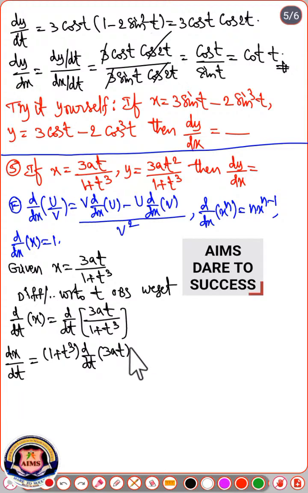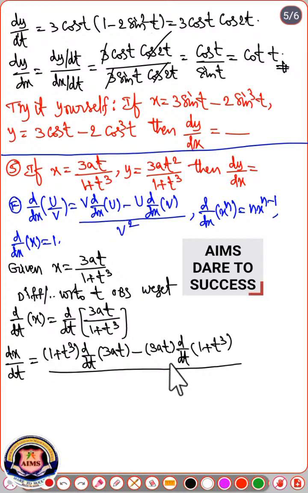After that keep minus numerator 3at into d by dt of denominator 1 plus t cube, whole divided by denominator value completely whole square, that is 1 plus t cube whole square.